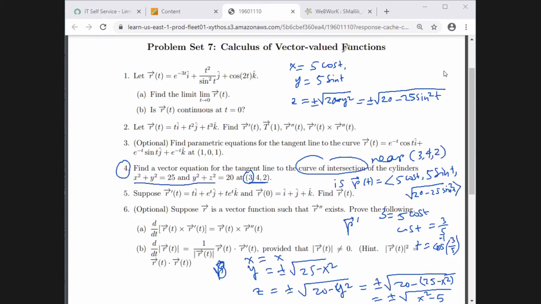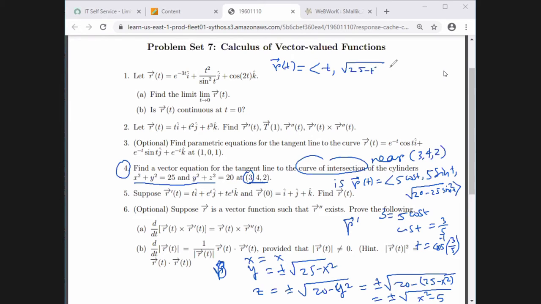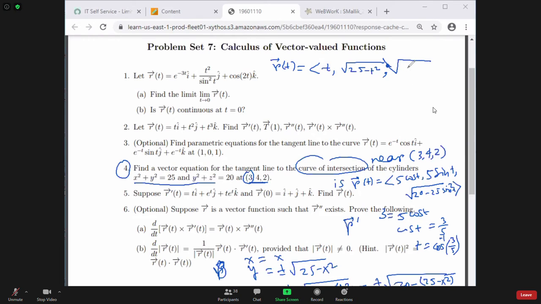So the alternative parameterization would be t, the square root of 25 minus t squared, then the square root of t squared minus 5.